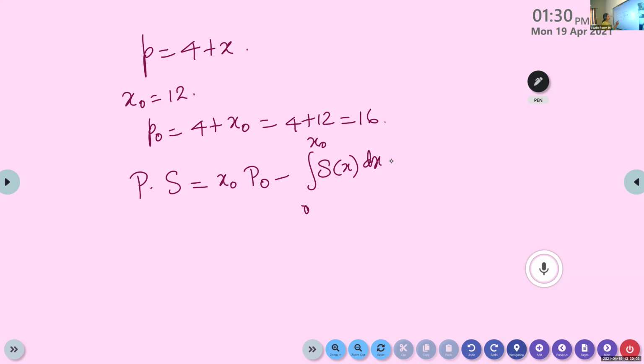X naught is given as 12. So 12 into 16 minus integral 0 to 12 S of X, the supply function, is given as 4 plus X into dx. Now integrate, you'll get the answer.